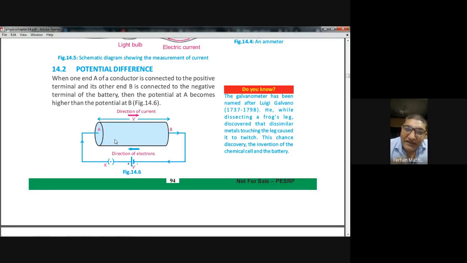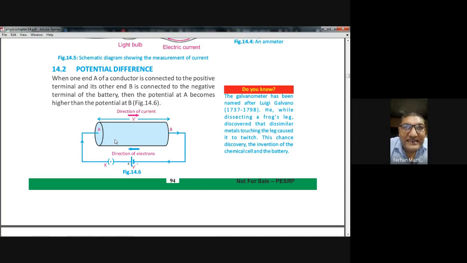If you put a speaker here, the electric energy will be converted into sound energy.